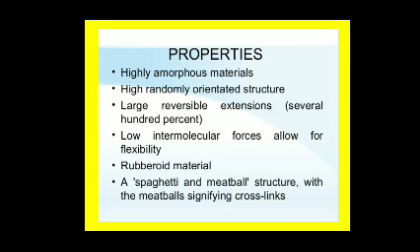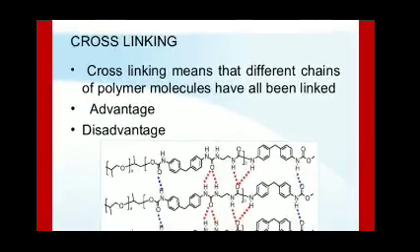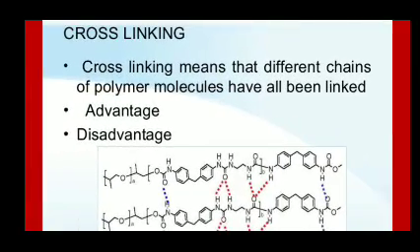Rubberoid material. It has elasticity, so it is called a rubberoid material. It has cross-linked bonds, that is, a network structure. Cross-linking structures are shown in elastomers.